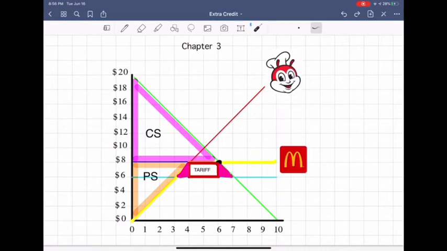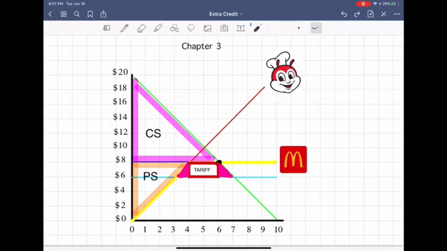So the first four fried chicken will be produced by Jollibee, and the rest will be produced by McDonald's. Jollibee will have the first four customers, but the rest will stick with McDonald's fried chicken because it still has a cheaper price.